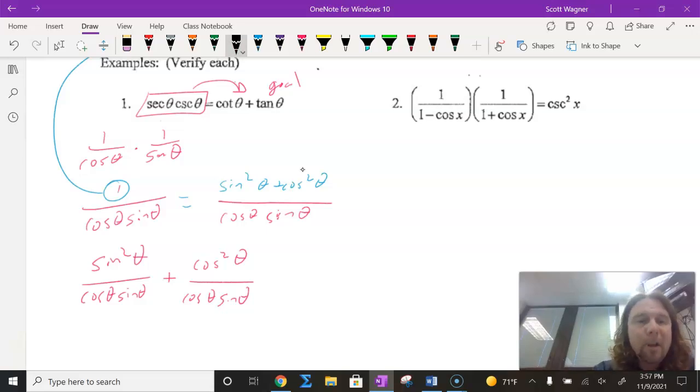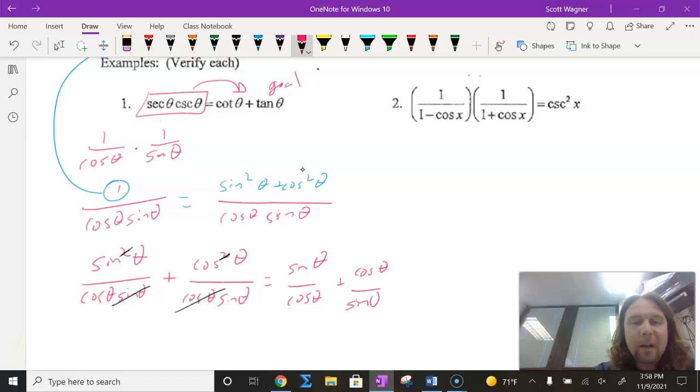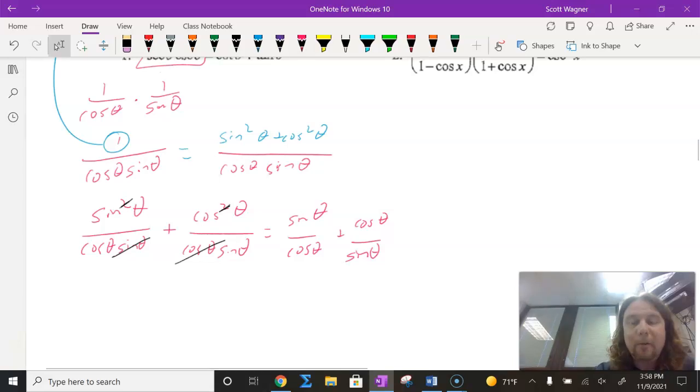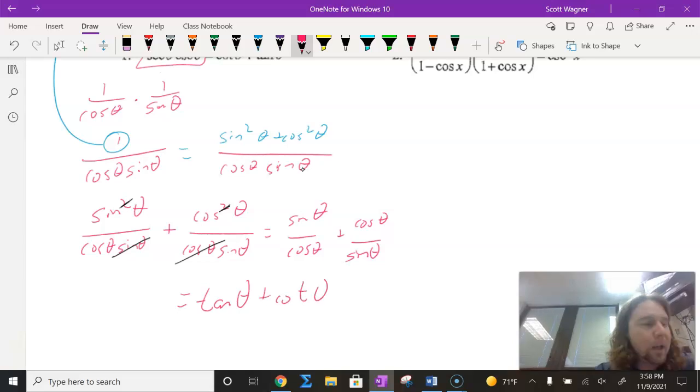The squared on the top goes away and the sine on the bottom goes away, and the squared on the top goes away and the cosine goes away. So I end up with sine theta over cosine theta plus cosine theta over sine theta. Using my identity sheet, I know that sine over cosine is a tangent, and cosine over sine is a cotangent.